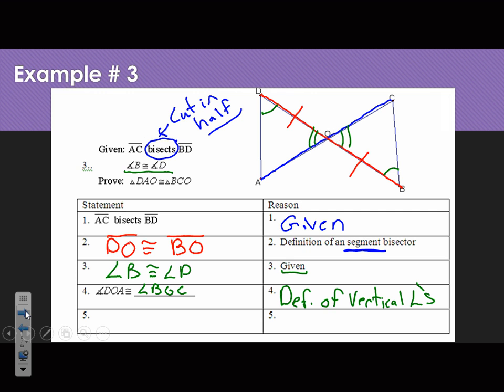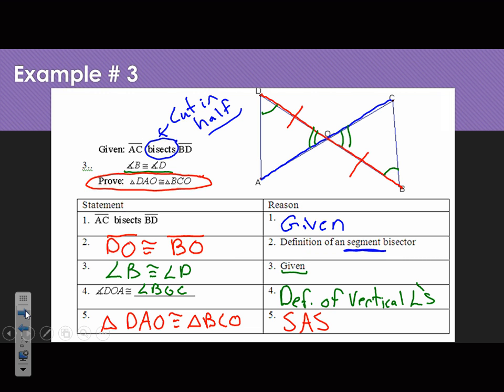Now that we should have enough information, we have to write down our proof. Our last one's always going to be what we have to prove. So triangle DAO is congruent to triangle BCO. And our reason this time is going to be side, angle, side.